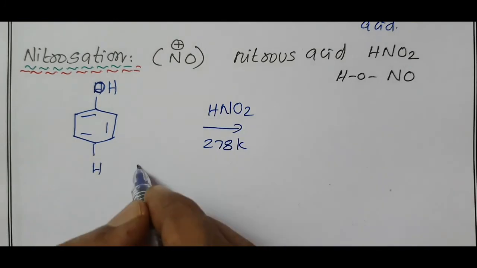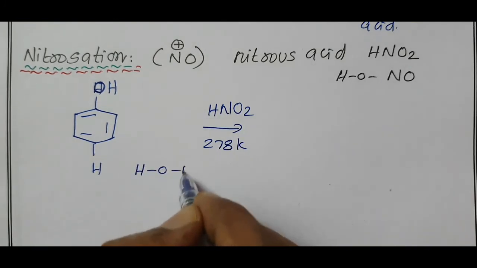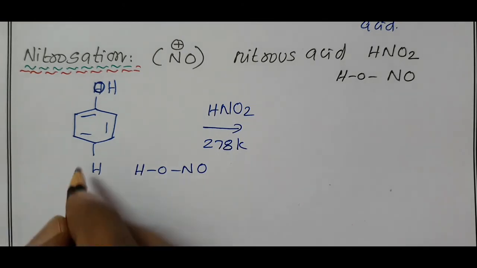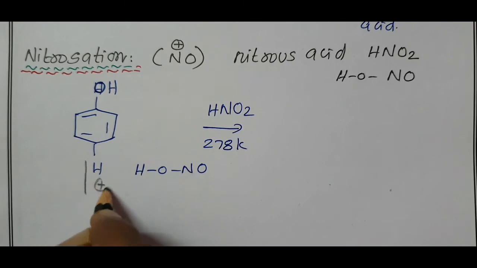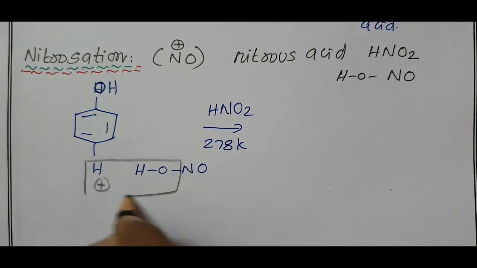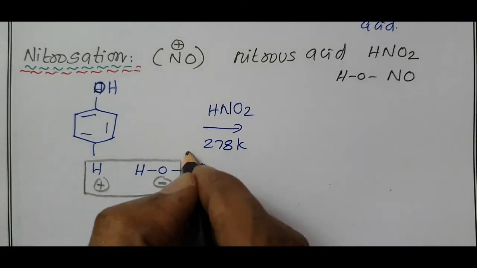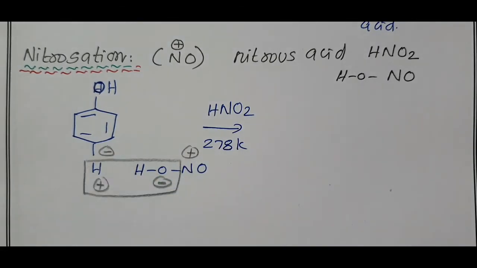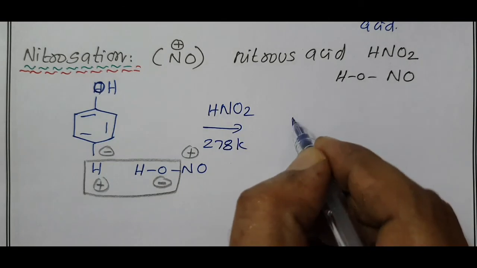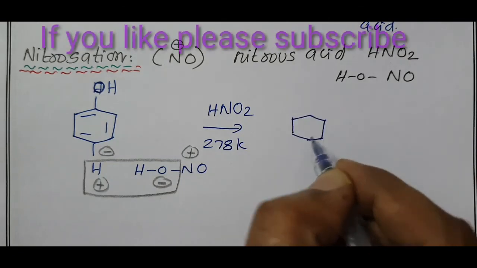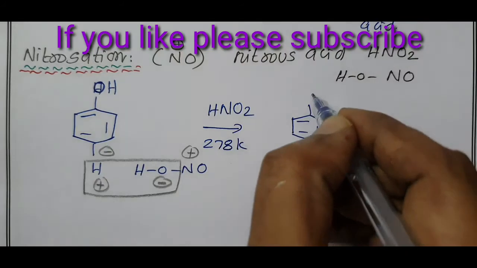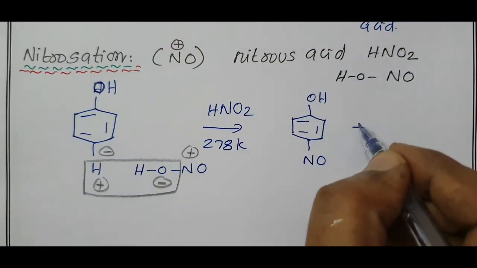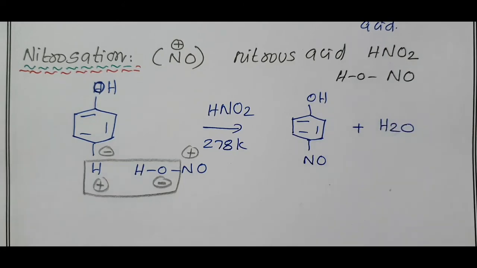Nitrous acid, molecular formula HONO: one H plus from the para carbon and OH minus is removed as H2O. The NO plus nitroso electrophile is added to the para carbon atom, giving C6H4 with one OH and another NO added to the para carbon atom with the loss of H2O.